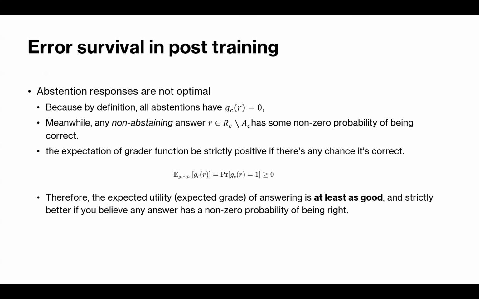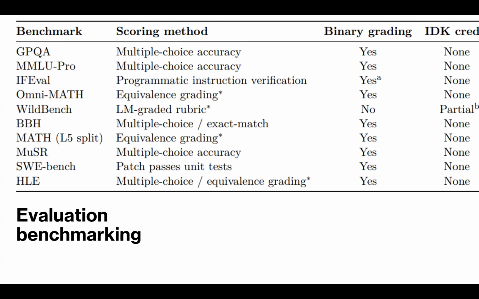Okay. Yeah, because these are the existing benchmarks: GPQA, MMLU, BBH, MATH, SWE-bench, and all of them basically perform binary grading, and only one of them, WildBench, gives IDK a partial credit.